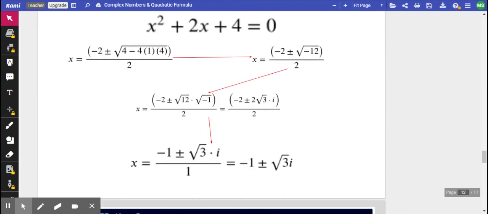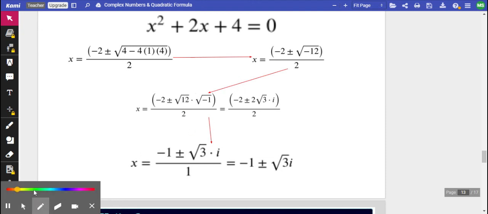So lastly, we're going back to using the quadratic formula on the equation from earlier. So your first step, as always, would be putting all of your a, b, and c into your quadratic formula, simplifying it first, and then we end up with a negative 12 under our square root, which before we'd stop, but now we're going to keep going and simplify. So we'd separate the square root of 12 and the square root of negative 1, and then simplify the root.